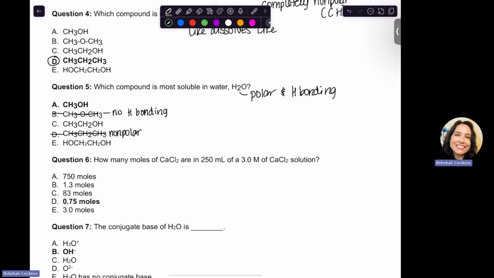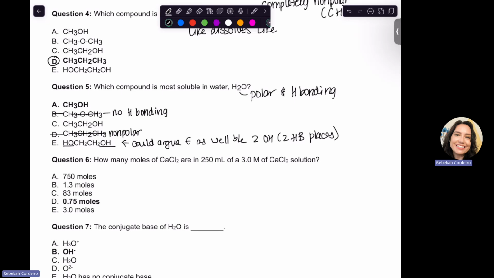I actually could argue E or A for this one. Probably A just because it's smaller, but E does have two places for hydrogen bonding. So you could argue E as well, because two OH, two H bonding places. I don't think you'll see something that close, like between those two on the final.